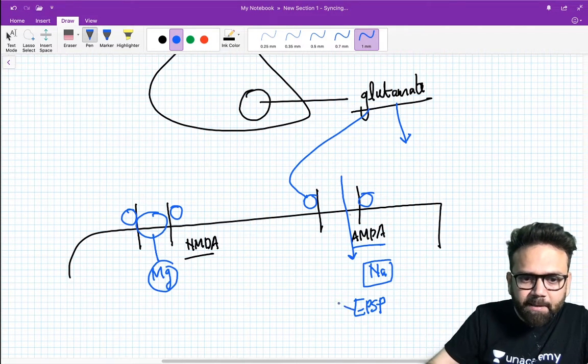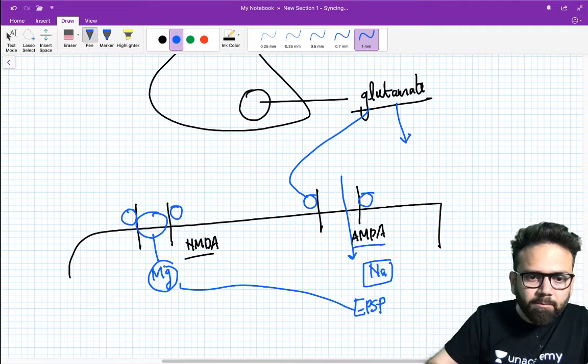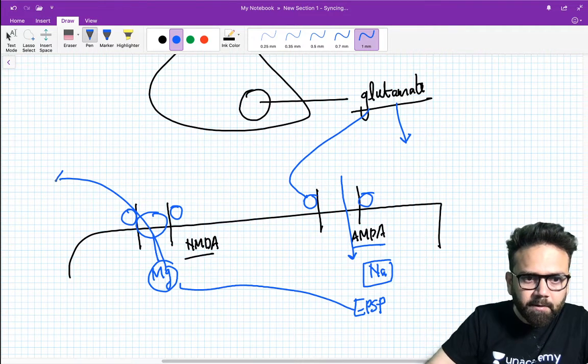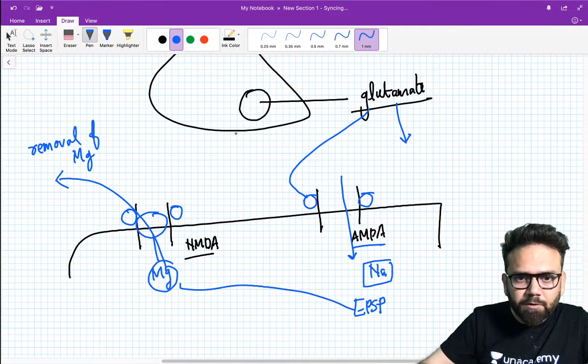This EPSP will cause removal of magnesium. So when magnesium is removed, glutamate can come and attach.